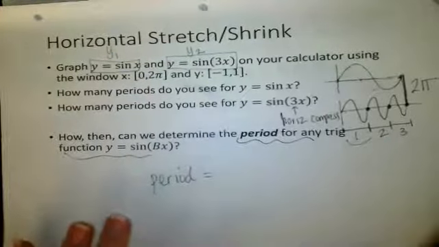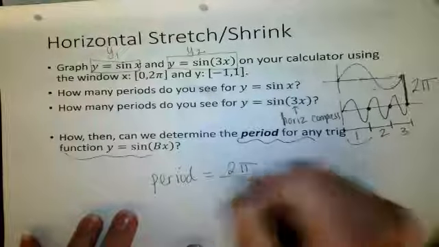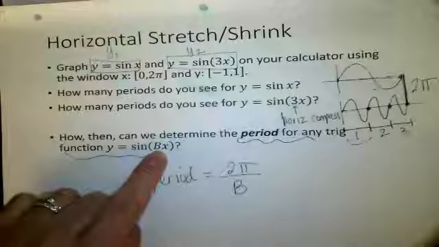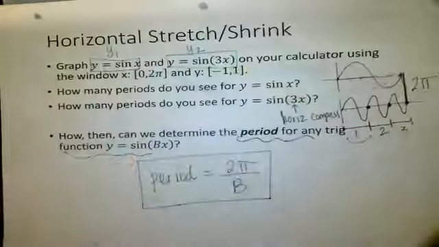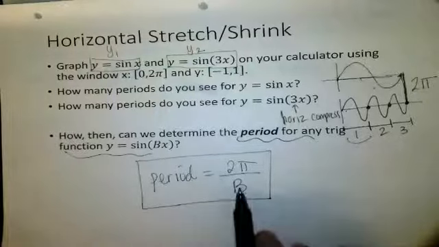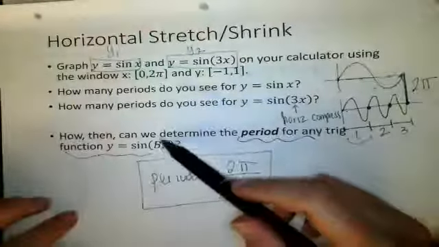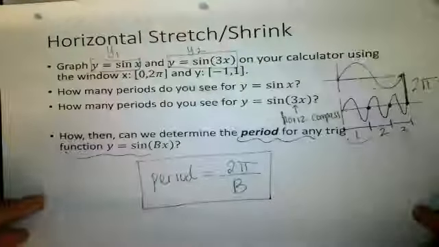This is 1 out of the 3. So it's 1/3 of 2 pi, or we can think 2 pi over whatever that b value happens to be. Okay? So this is kind of a nice formula, 2 pi over b. We're not going to use it all the time, but it's nice when they just ask you, hey, what's the period? And we can pop it into a nice little equation there. So 2 pi divided by whatever that number in front of x is. Okay.